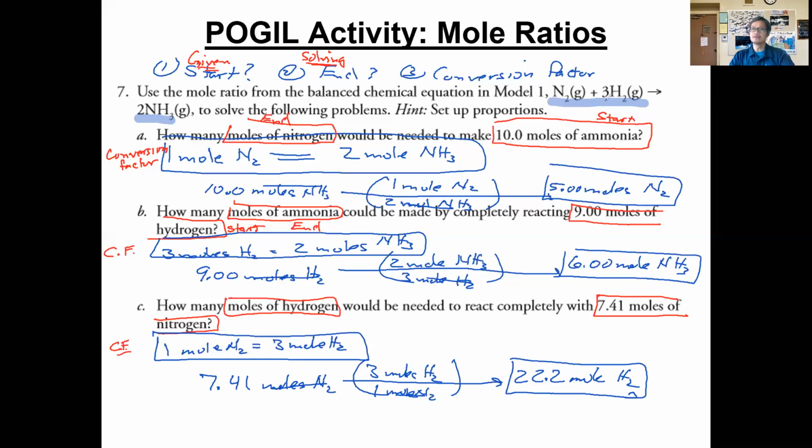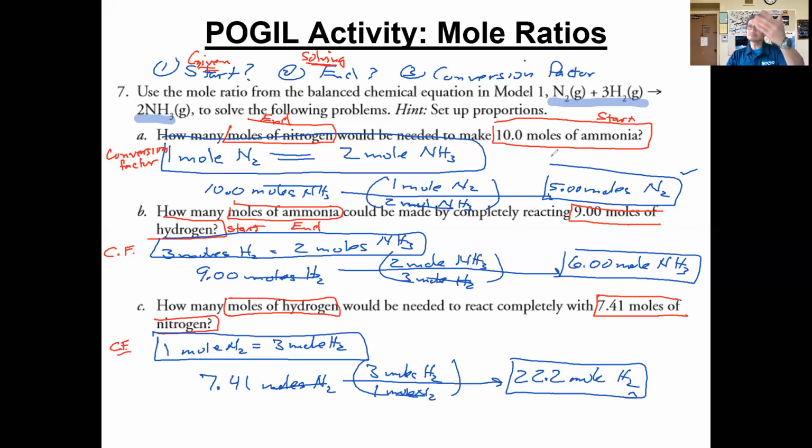This is the recipe, the instruction that I'm going to use to make this ammonia. If my supervisor wants me to make 10 moles of ammonia, I need to make sure that I measure out 5 moles of nitrogen. Now, you still have to calculate how much hydrogen you have, but at this point you've already figured out how much nitrogen you need to start out with. And that's what this particular calculation allows us to do.